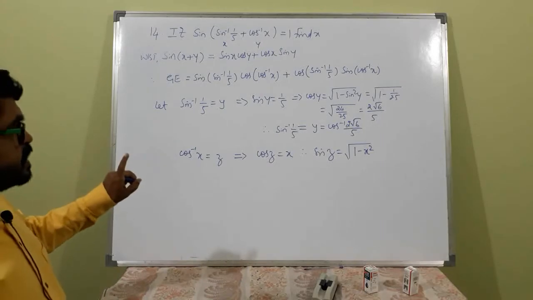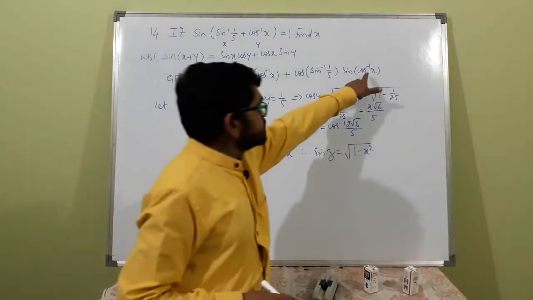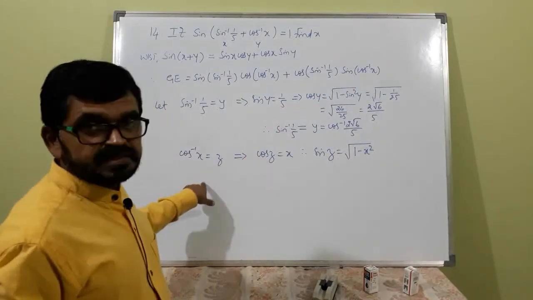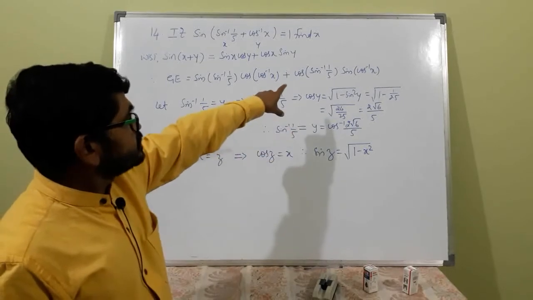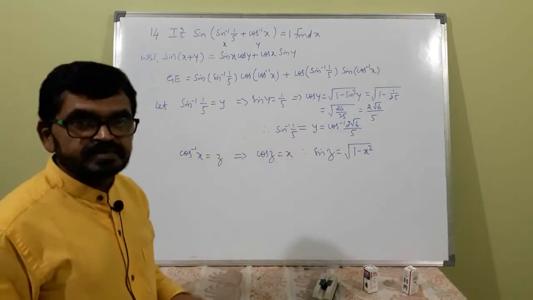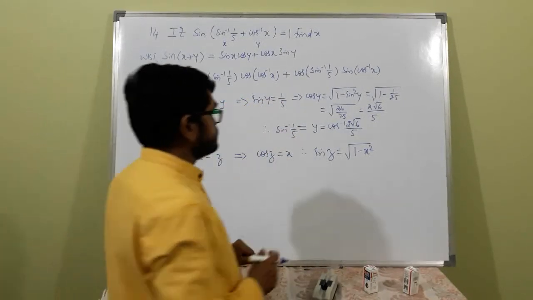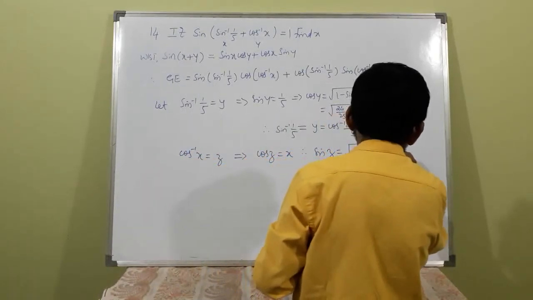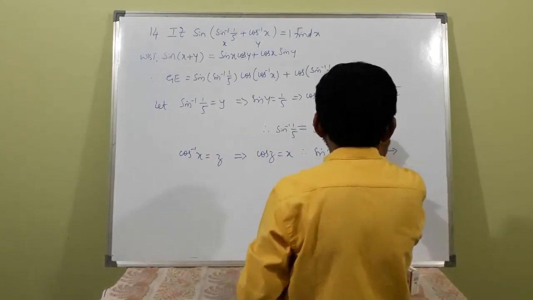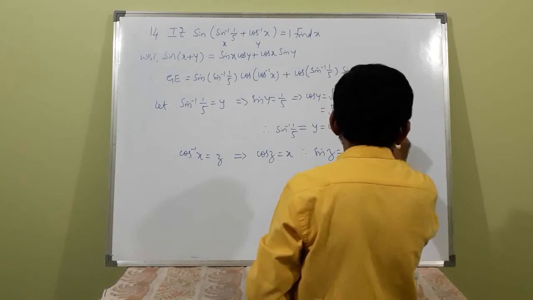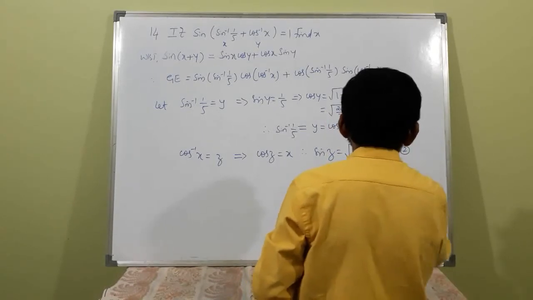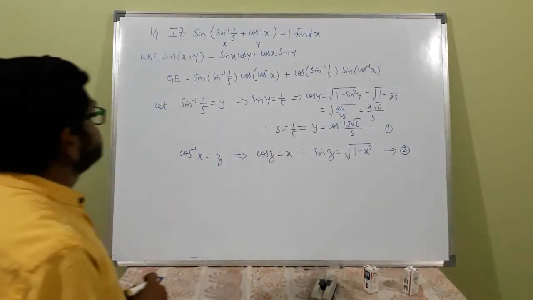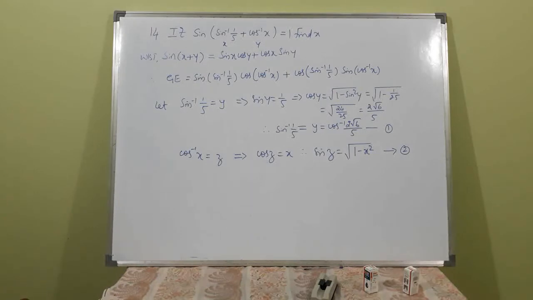Our intention is to express this cos inverse x in terms of sin here, there sin inverse of 1 by 5 in terms of cos. That's why, suppose this is 1 or this is 2, we have to substitute that in the general expression.